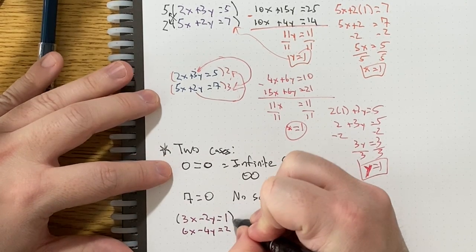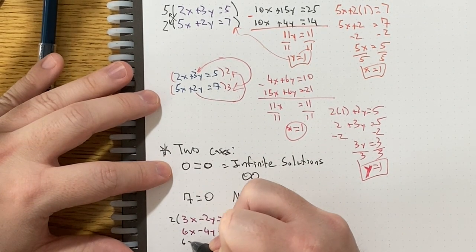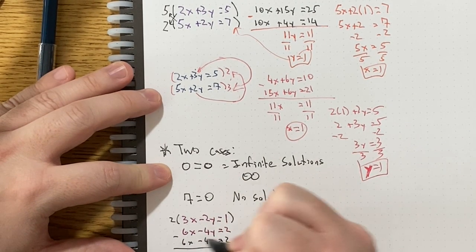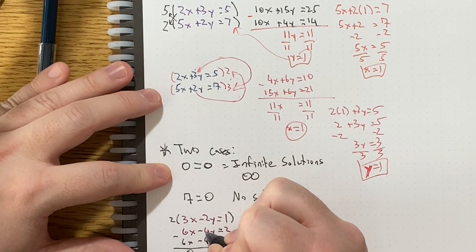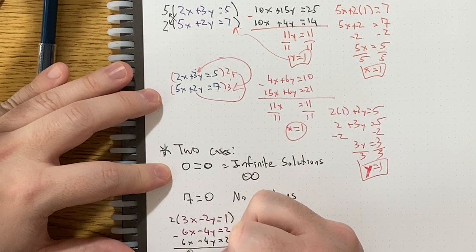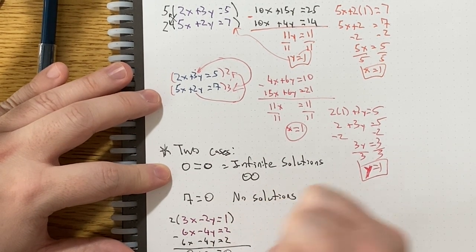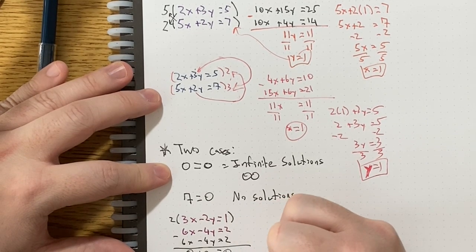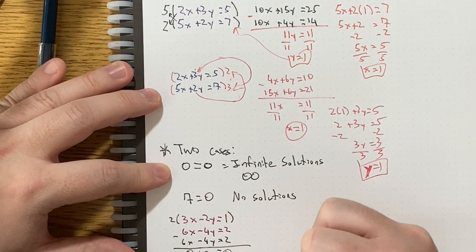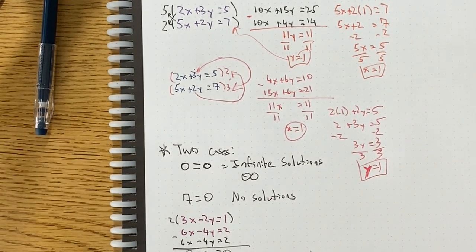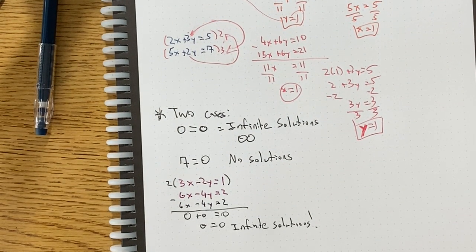You'd multiply this by 2. You get 6x minus 4y equals 2. You'd subtract. 6x minus 6x is 0. Negative 4y minus negative 4y is 0. And 2 minus 2 equals 0. 0 equals 0. And you'd get infinite solutions. Okay, and not that you can actually see what I'm doing there.